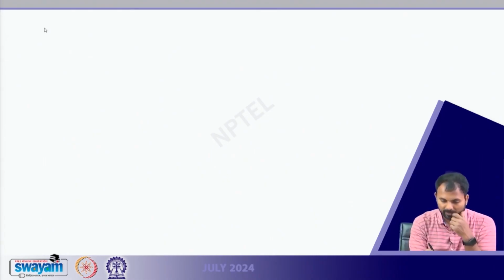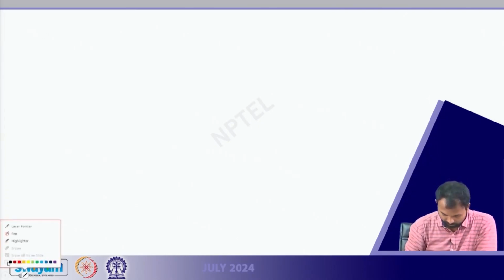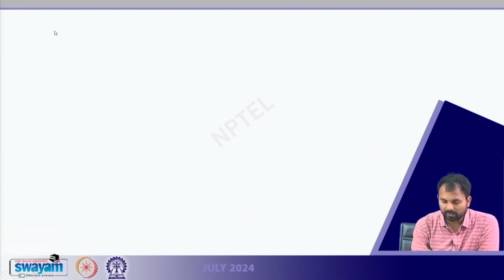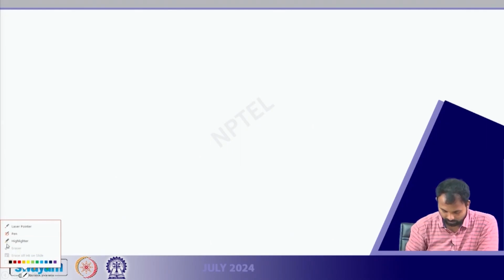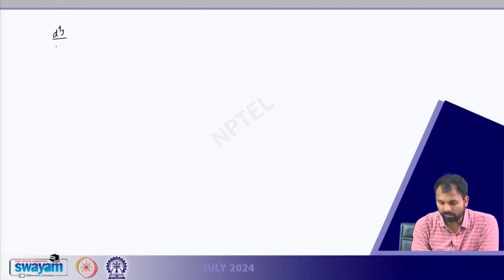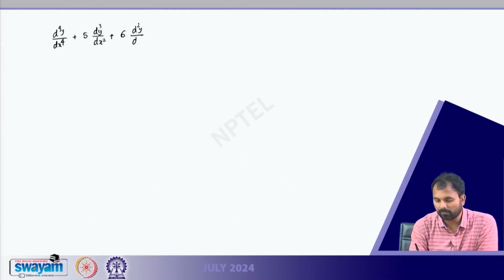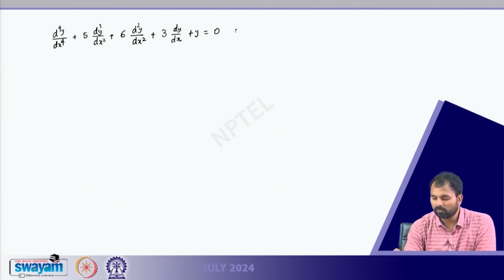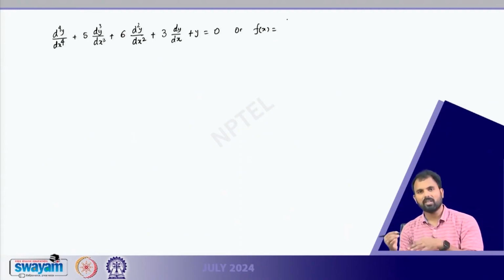Suppose we have, let me take an easier example, d4y by dx4 plus 5 d3y by dx cube plus 6 d square y by dx square plus, I don't know, 3 dy by dx plus y equals to, either 0 or some function of x, which can be e to the power x, log x, sin x, and whatever it is.